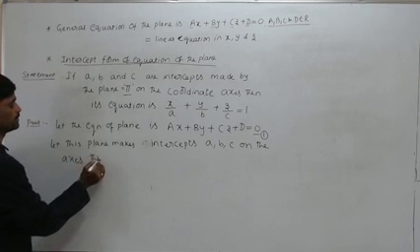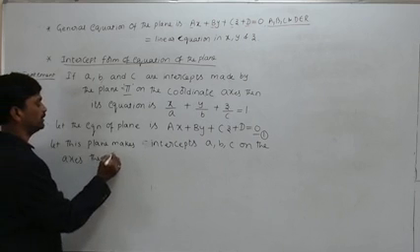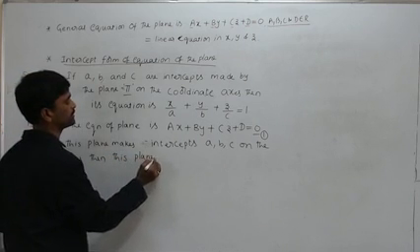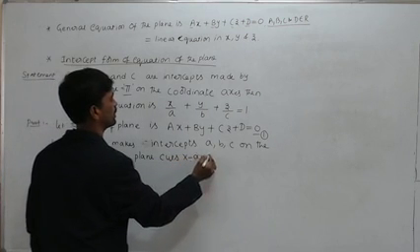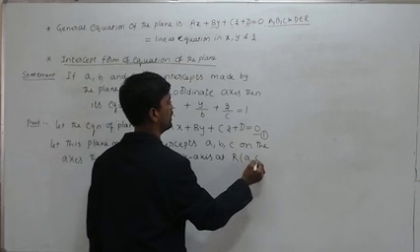Then as small a is the x-intercept, this plane cuts the x-axis at the point (a, 0, 0). Am I correct?